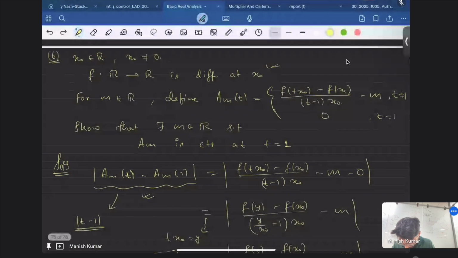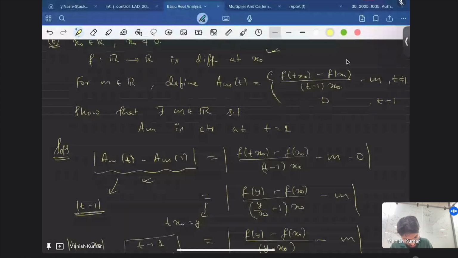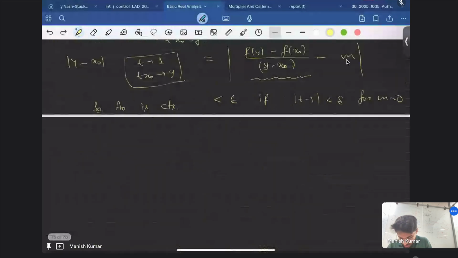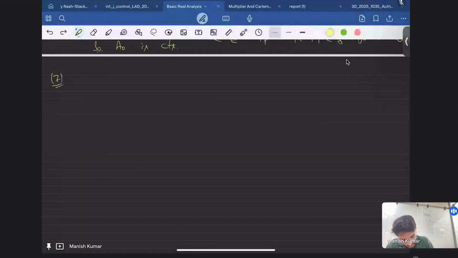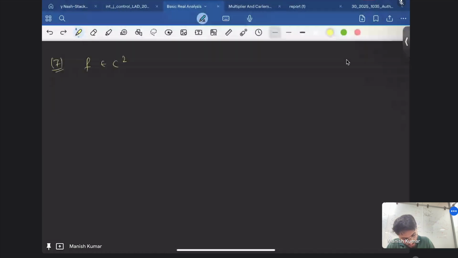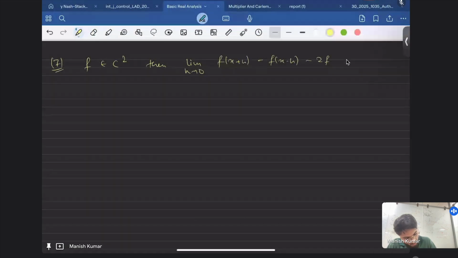Now let's come to this problem. This says that suppose you know that your function is C2. Then you have to show that this limit, h tending to 0, of f(x plus h) plus f(x minus h) minus 2f(x) upon h square exists, and is equal to f double prime of x.